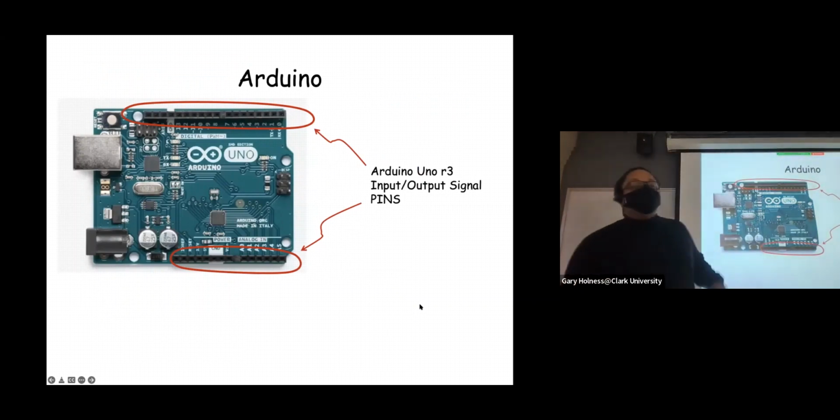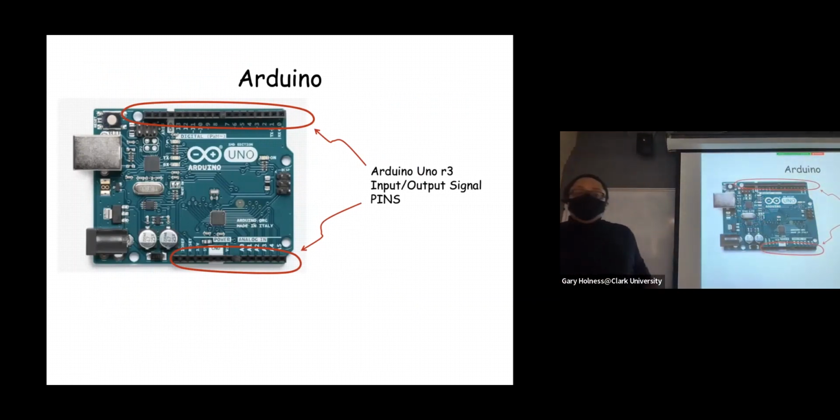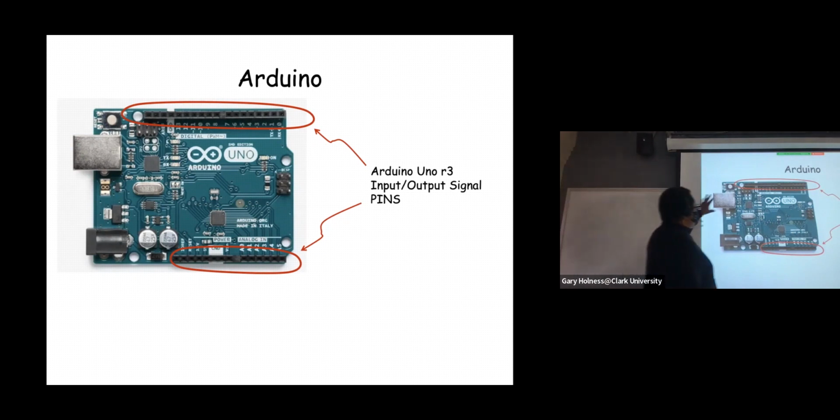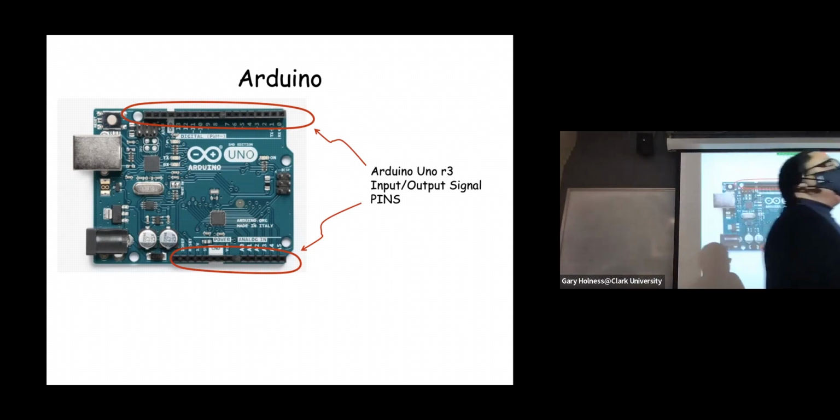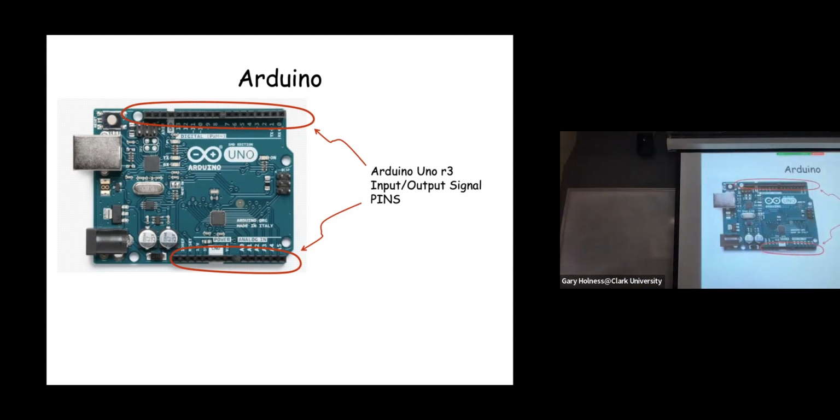And so if we look at the Arduino, this is the Uno 3 again. We call the analog and digital I/O pins the so-called signal pins, because that's what it uses to communicate with devices. You can think of these devices almost like the peripherals on your computer. You have the main processor board, you have your storage, your disk, you have your RAM for temporary storage, but you also have things like mouse, printer, keyboard, monitor, and things like that.